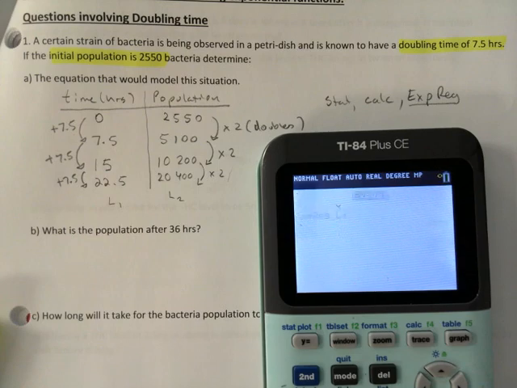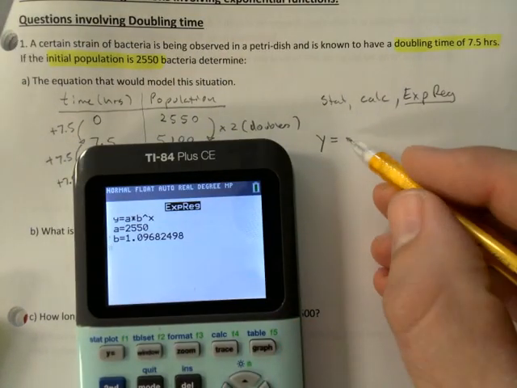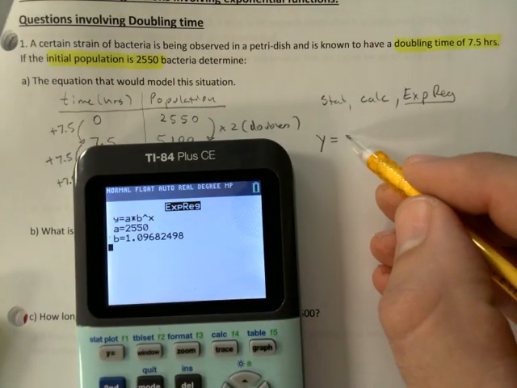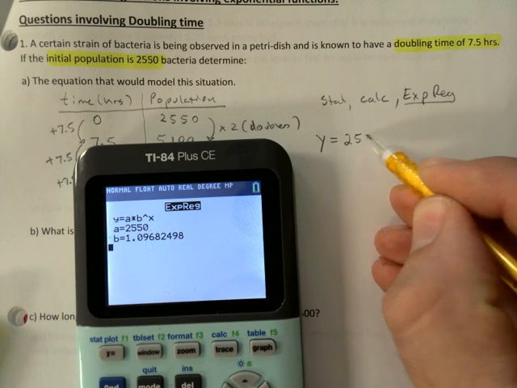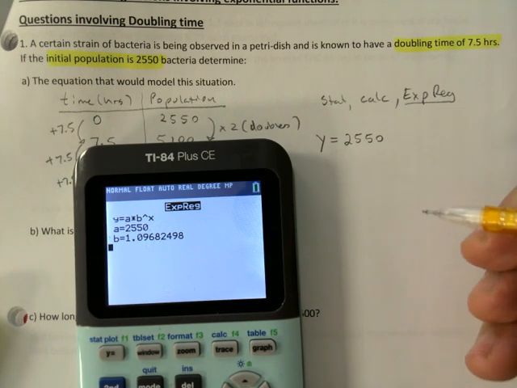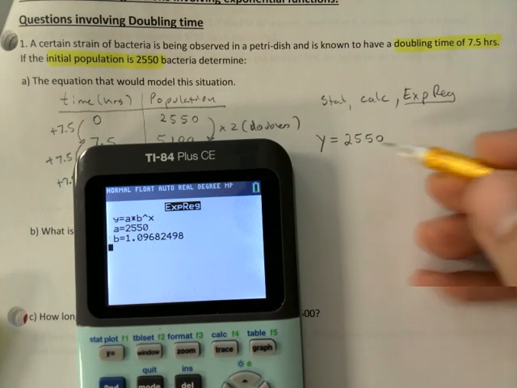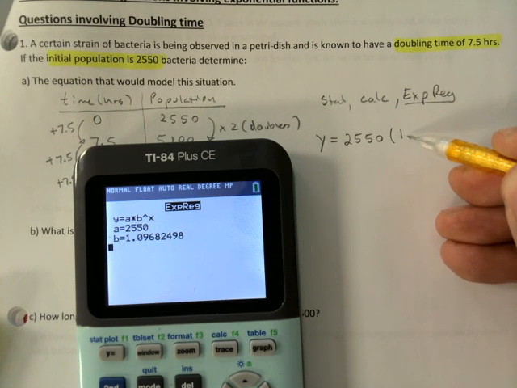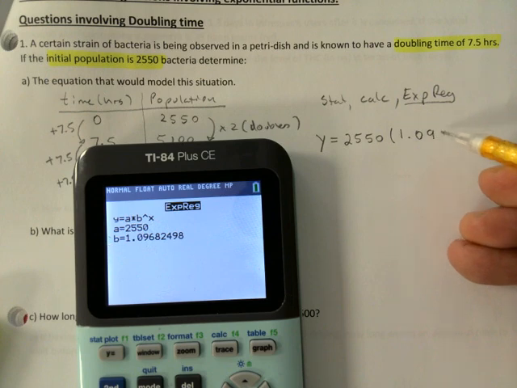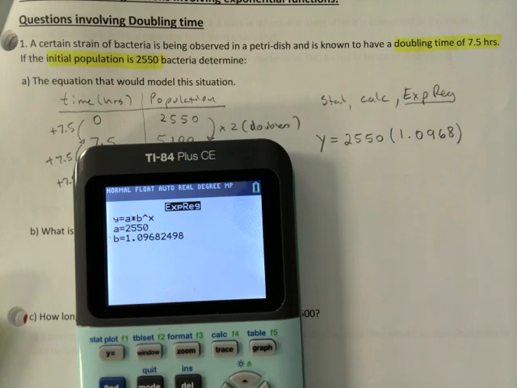If you just want to stick to the other method, go for it. This is 2550, no surprise there. We could have started with that already. And then it's 1.0968. I'm going to put 4 decimals in there, even though 2 decimals would have been okay according to the province.